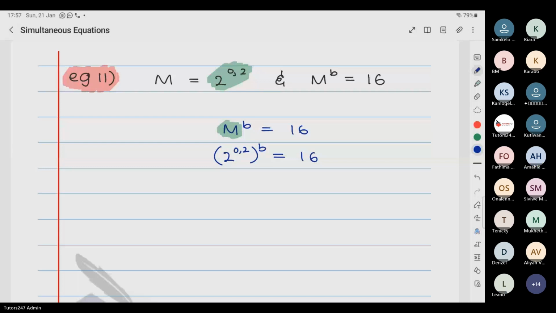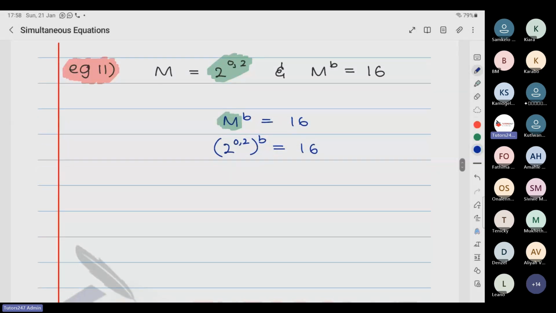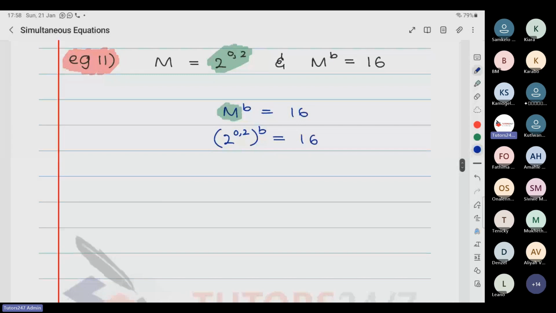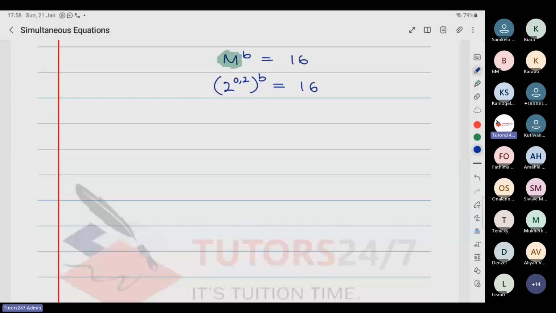Multiply. That is correct. So if you raise a power to another power, all you are going to do is multiply the exponents. So 0.2 times b gives us 2 to the power 0.2b, and that is equal to 16.